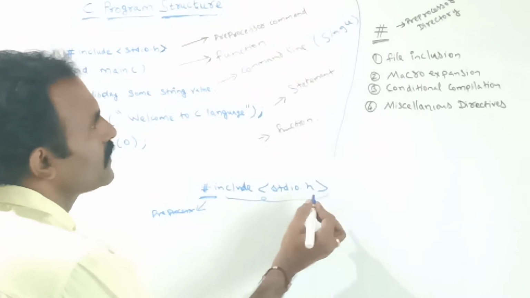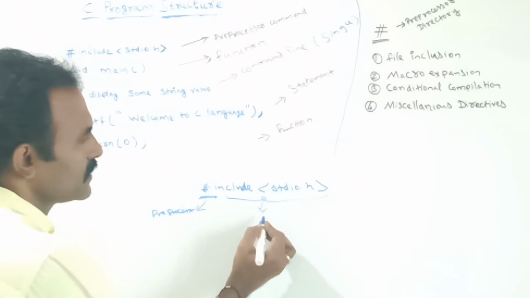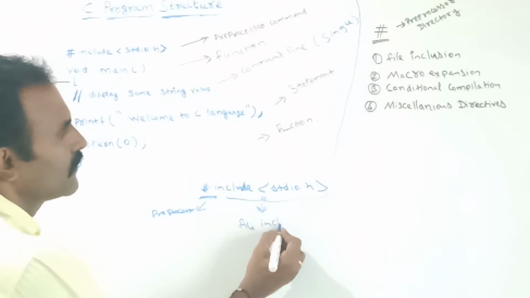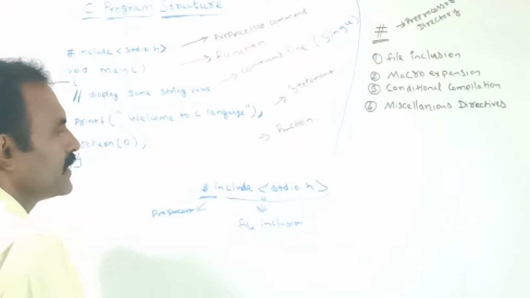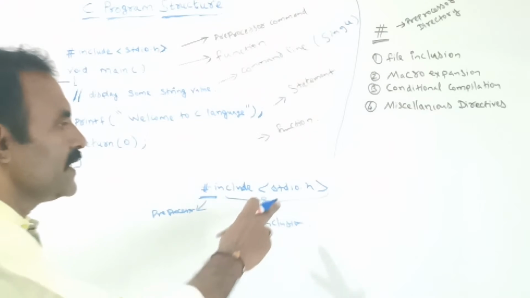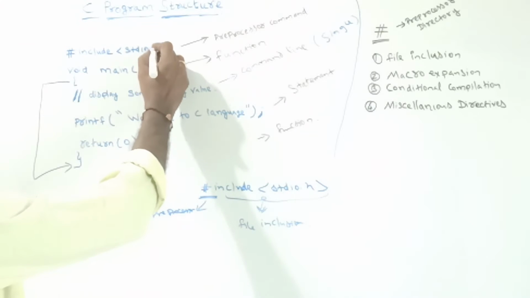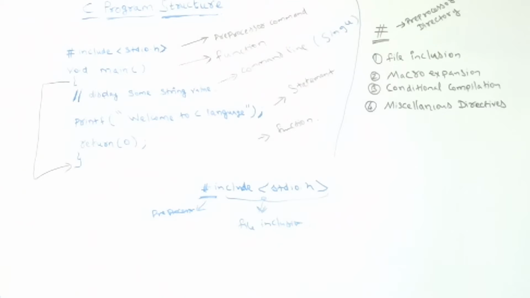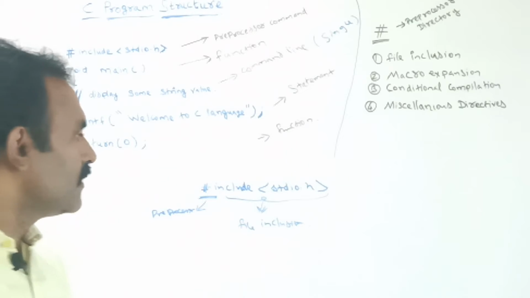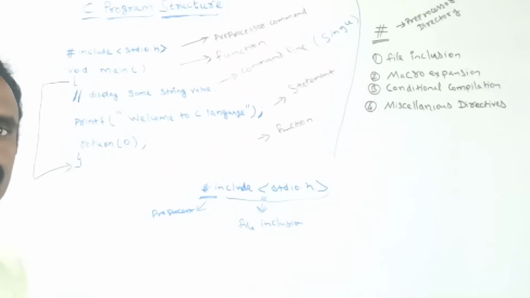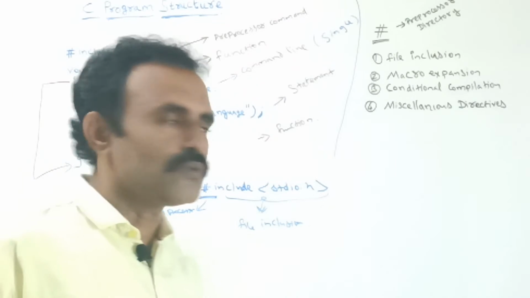Include stdio.h is known as file inclusion. Here we are including the header file, that is stdio.h, in our source code. The combination of the header file and our source code is known as the expanded source code.